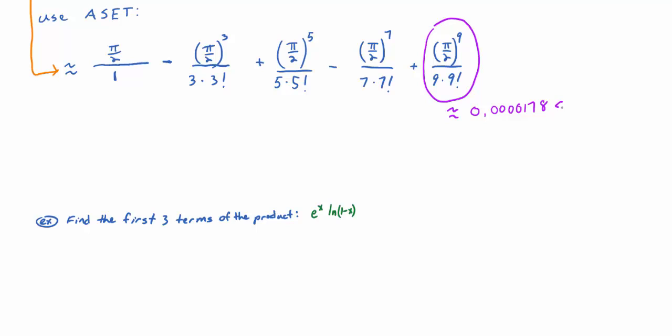You just make sure this is less than what you're told it's supposed to be. And it is. And so what the alternating series estimation theorem says is, hey, then you can be assured that the sum of the terms that come before it will be within that allotted error of the actual sum of all the infinite number of terms of the series. Isn't that crazy? And so that's what we do. We add those together.